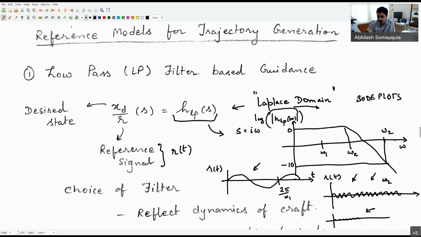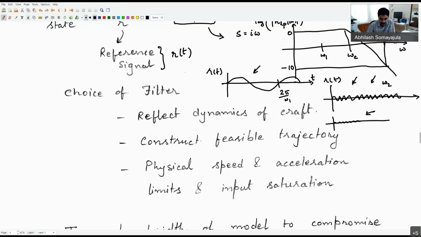If I wanted to follow all the small little variations in X, Y, and psi, my actuators would be working overtime. And since my actuators will be working overtime, my endurance will be less, so I can be at sea for a lower amount of time. So in that sense, it is much more advantageous to have this sort of a system in place. Okay, all right. Let's continue further.